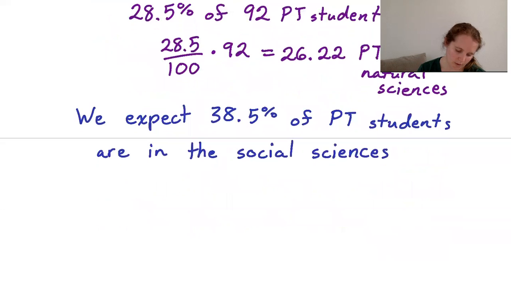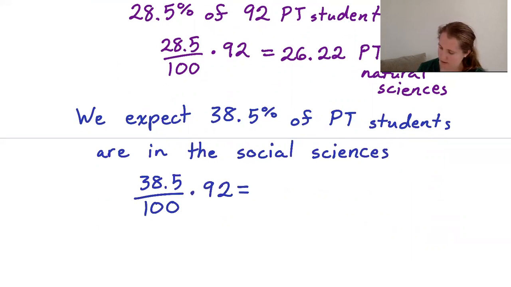So we would do 38.5 over 100, that's our 38.5% of the 92, and we wind up getting 35.42.